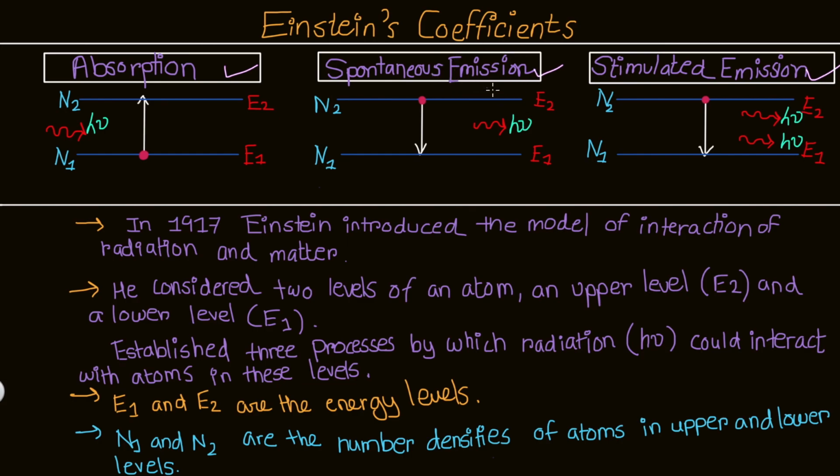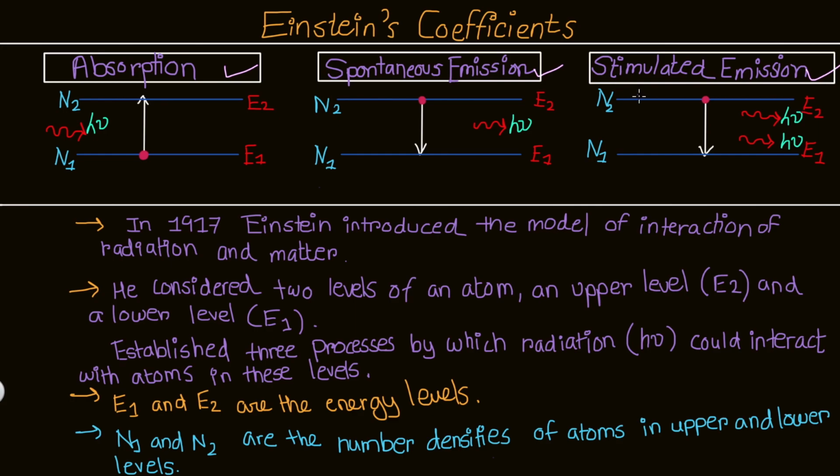That's why we have this emission over here, the photon emission. Very simple, I'll just go over it again. The atom spontaneously jumps from the upper level to the lower level, and a photon is released.